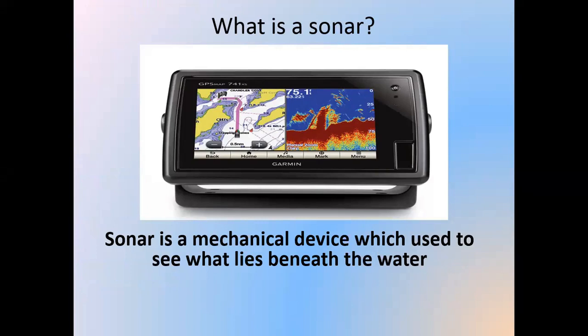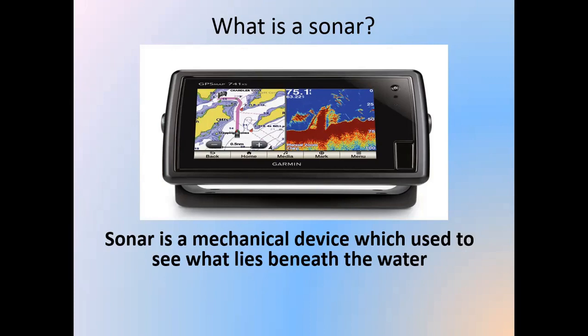Today I will discuss with you the sonar. What is a sonar? Sonar is a mechanical device which is used to see what lies beneath the water. Basically, navigation signifies the process to detect the route or the directions towards the destination. Here, navigation implies the method to detect the object under the water.